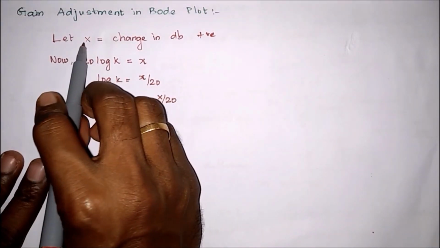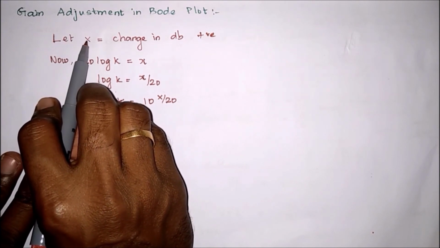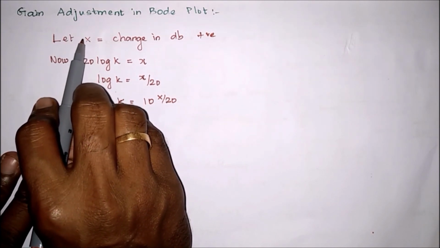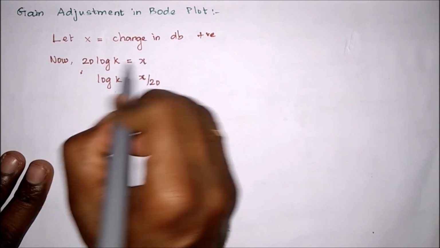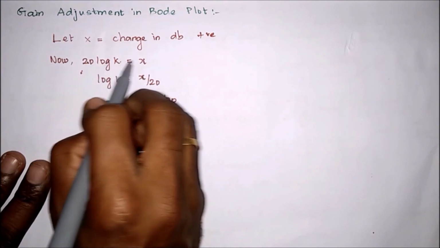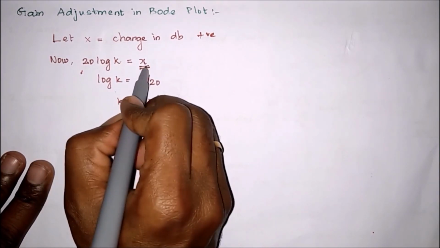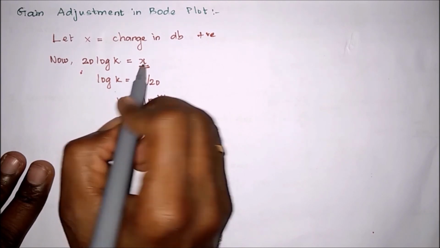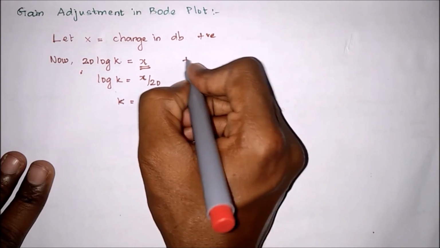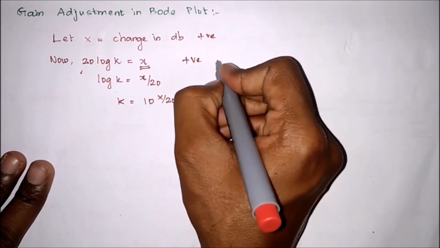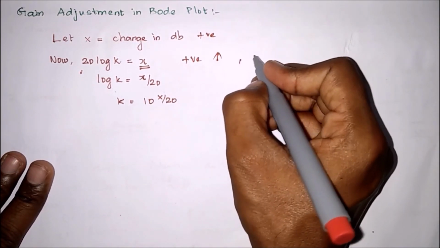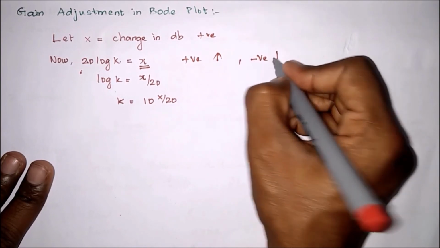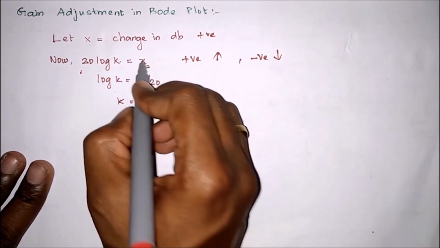For that, the value to be moved either upward or downward, we select as x. So we have to equate 20 log K to the value to be moved upward or downward. If we want to move upward, we select positive. If we want to move downward, we select a negative magnitude here.